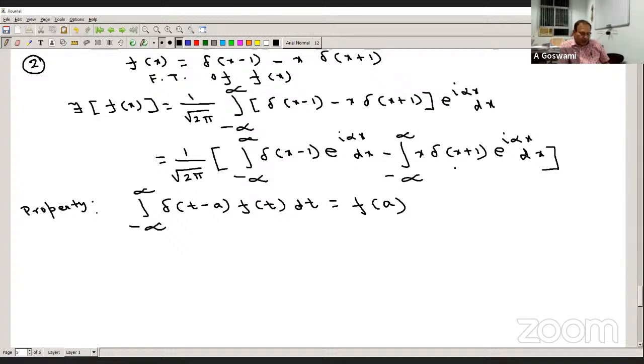Because for the first integral, your a is 1, and for the second integral, your a is minus 1. So please note this property. If I remember this property, very easily I can evaluate it. Otherwise, it will take a long time to evaluate the integral.